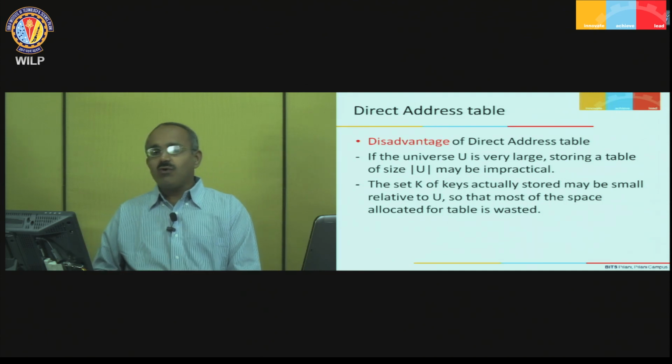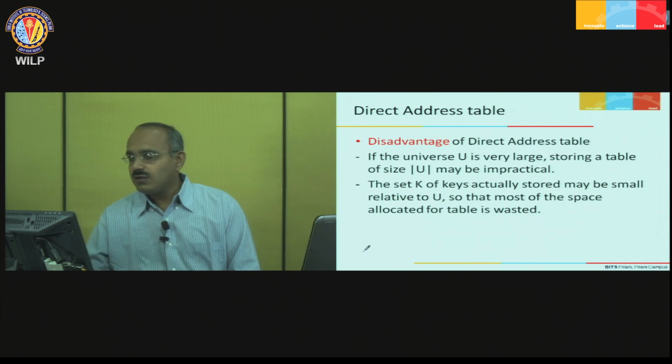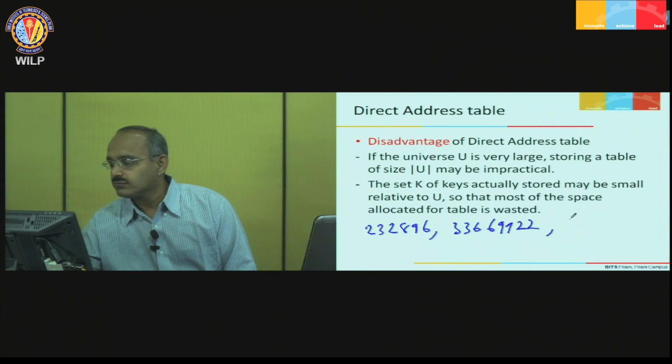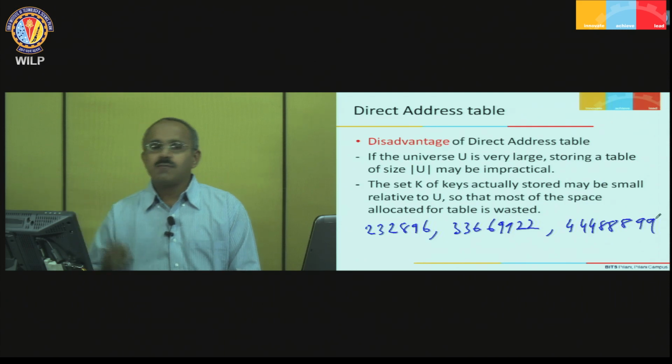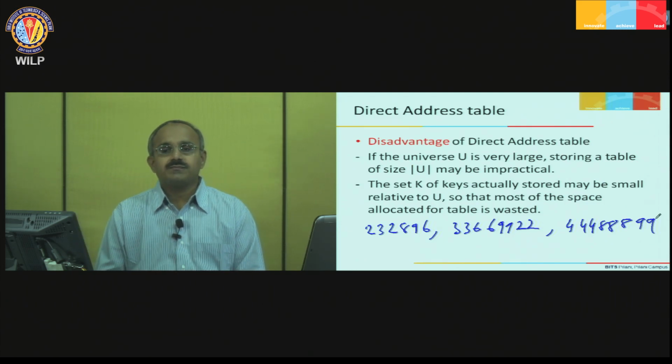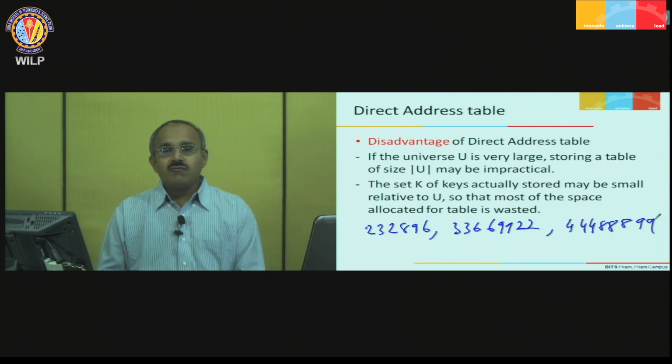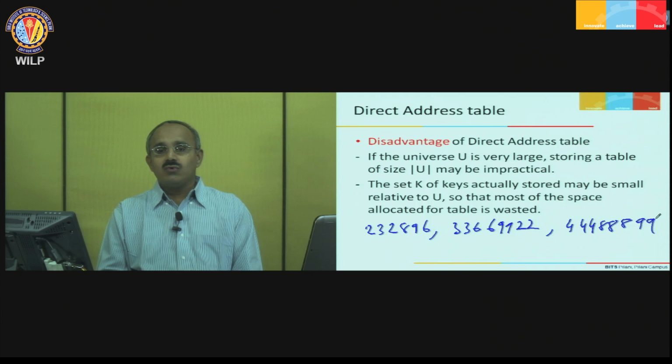Now, suppose you want to save keys like this, some arbitrary keys I have written. I have only 3 keys that I want to store, but if I look at my size U, it is going to be extremely large, correct.